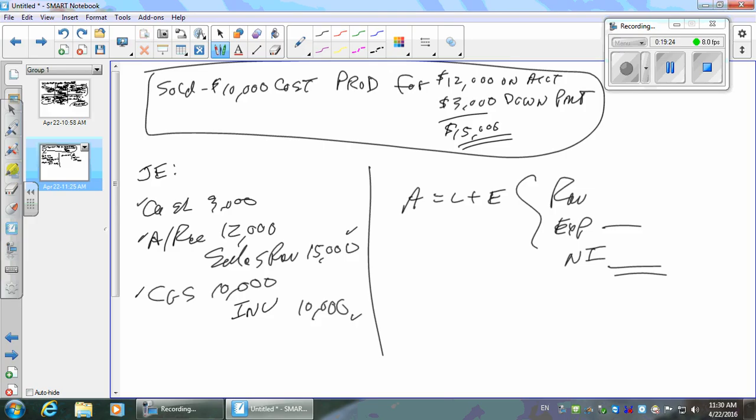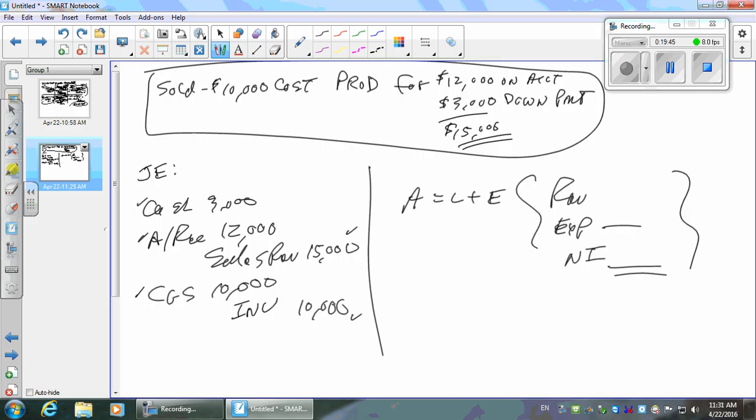So if I'm selling land, buildings, equipment, investments, all that stuff, that'd be gains and losses. Refinancing long-term debt would also be a gain or loss. This is normal course of operations, so it's going to be revenues and expenses, not gains and losses. Does that do it? Good.